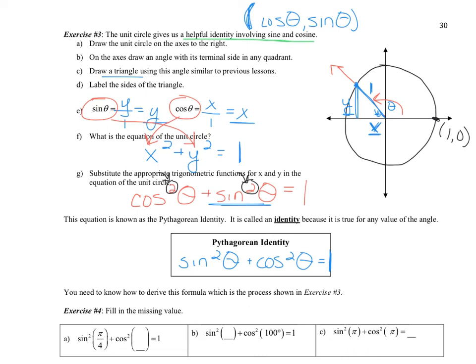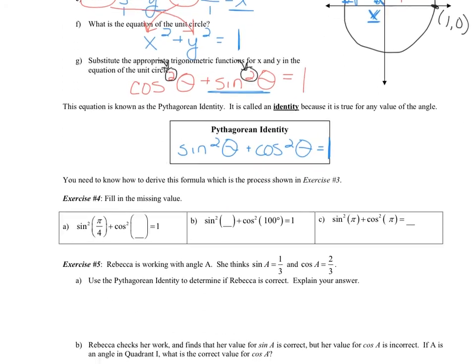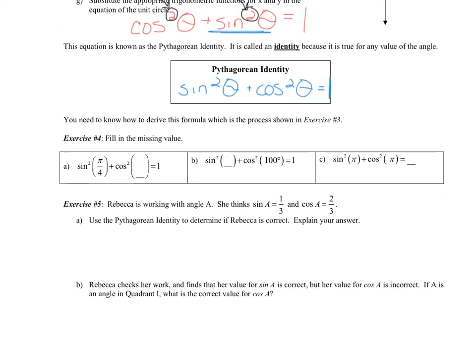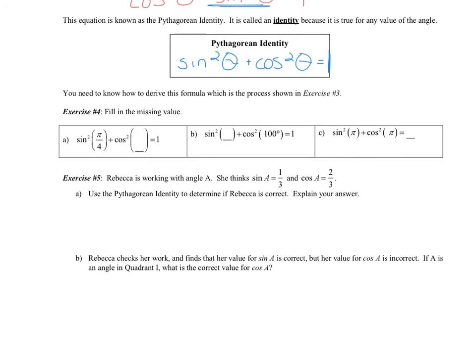So we're going to look at a couple of examples showing that it's true. Down on the next part of the page, you'll note it says you need to know how to derive this formula. So you need to know how to draw the unit circle and go through those steps to show that it's true. Based on that, if we take the sine squared of an angle plus the cosine squared of an angle, it always equals 1.